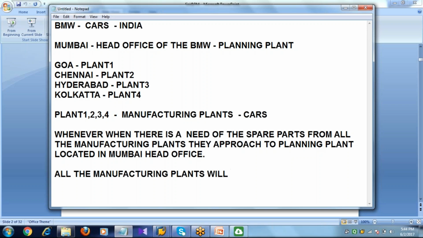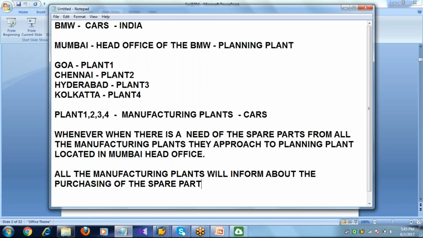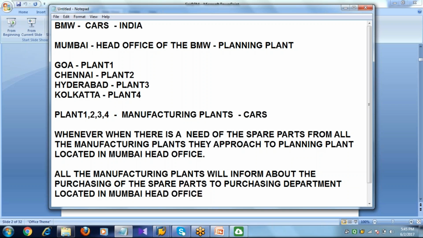So all the manufacturing plants will inform the purchasing department located in the Mumbai head office about the purchasing of spare parts or whatever material.